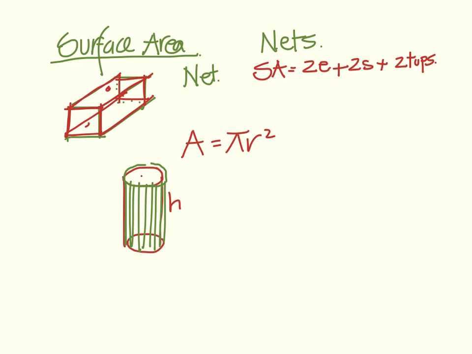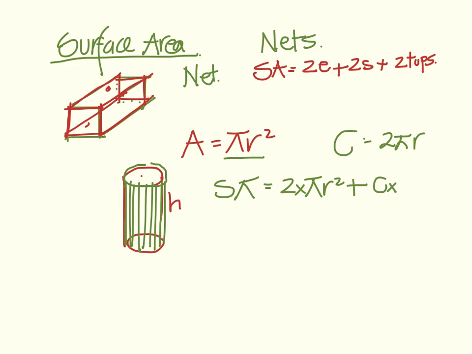So we need both our area formula and our circumference formula. Circumference equals 2 pi r. So our surface area is going to be 2 times the area of the circle, 2 times pi r squared, plus the circumference multiplied by the height.